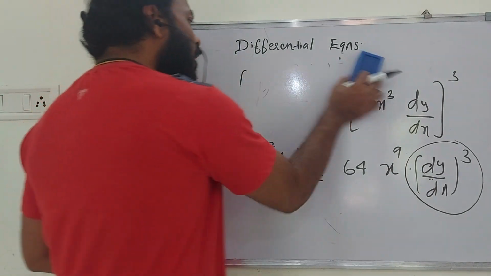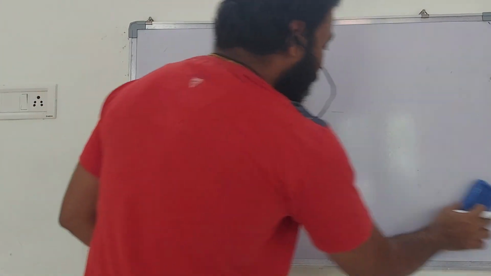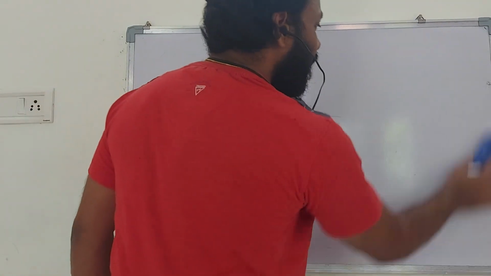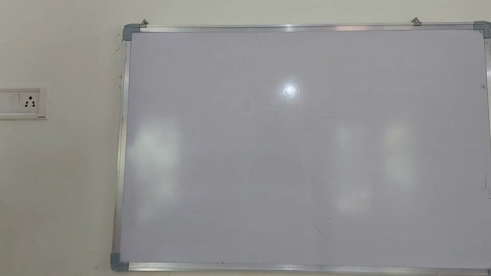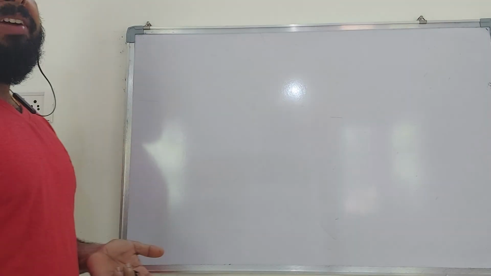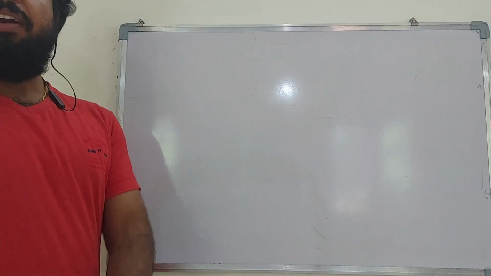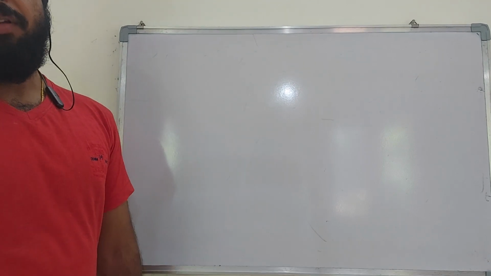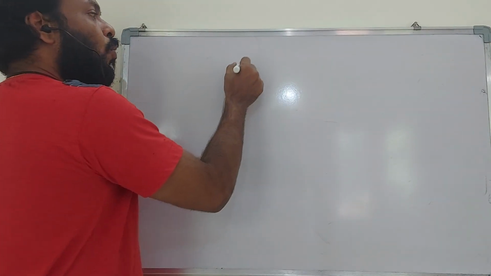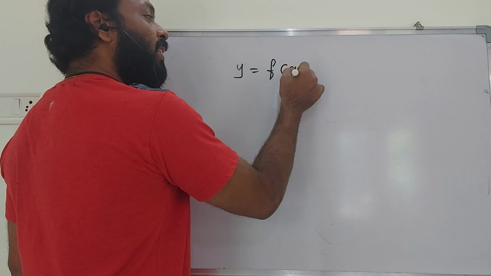So this is the order and degree of an ordinary differential equation. Now we consider how we can form differential equations from given relations of x, y, z. Consider y equal to f of x.